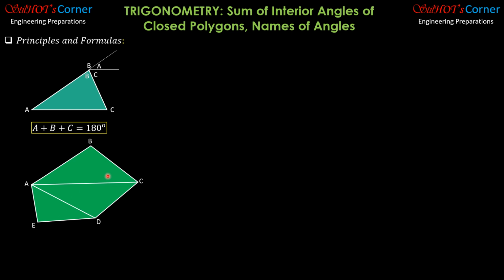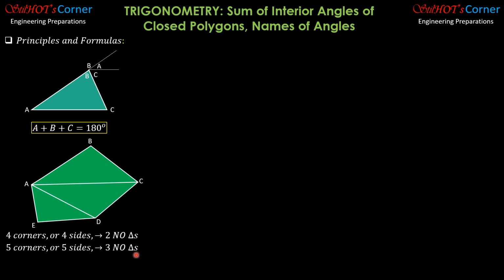So in that pattern. So again, 4 corners or 4 sides, we can draw 2 non-overlapping triangles. 5 corners or 5 sides, 3 non-overlapping triangles, if you look at the figure. And 6 corners or 6 sides, we can draw 4 non-overlapping triangles.